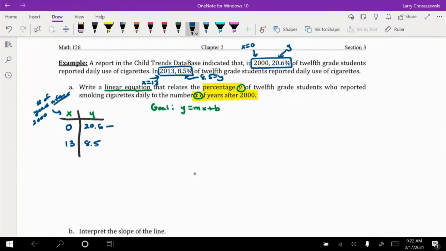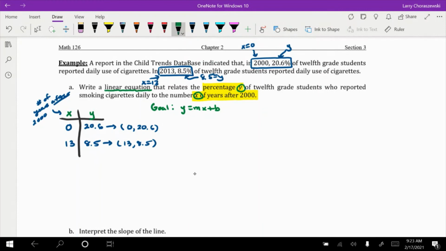Now what's helpful about this is that even though we don't have the graph of the linear equation, we can assume 2 points on it: 0, 20.6, and 13, 8.5. And that's about as far as I'm going to go with setting it up.